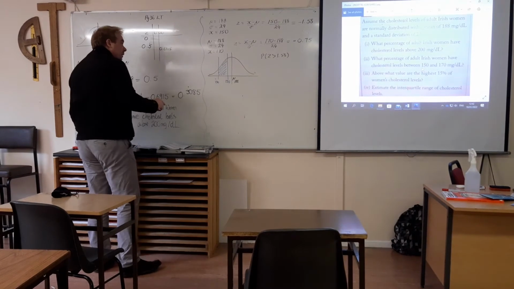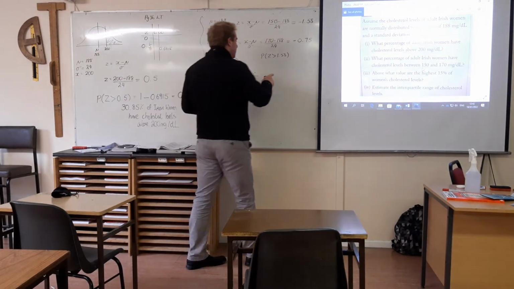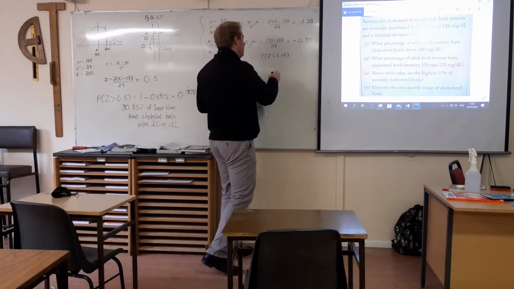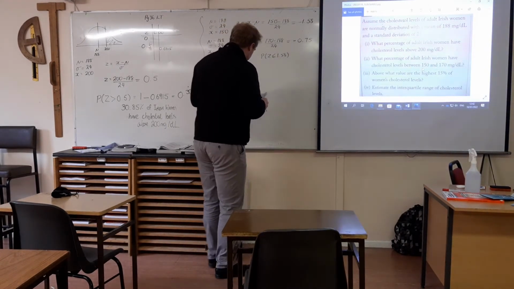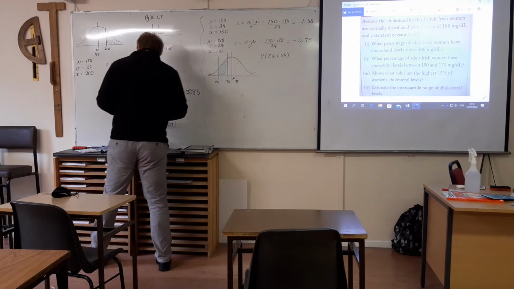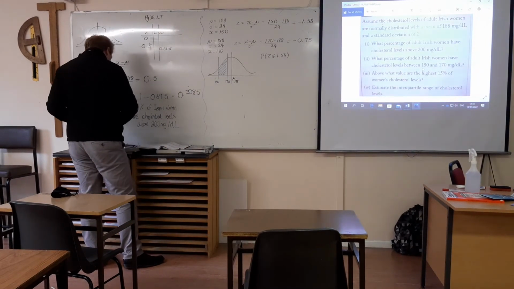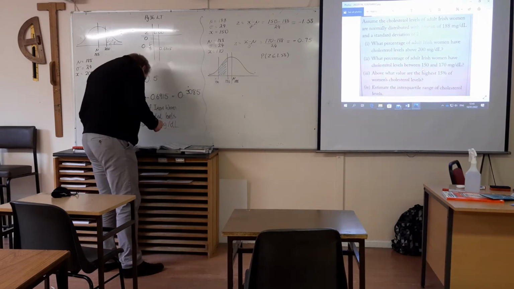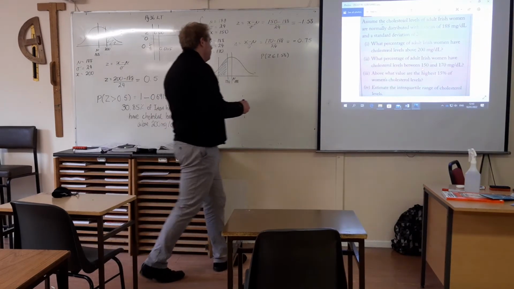Now, I actually have a symbol incorrect there, apologies, because it's minus, and this symbol should be the other way around, less than or equal to. So we go to 1.58 on pages 36 and 37 of the log tables again, and what we're getting there as our value is 0.9429.